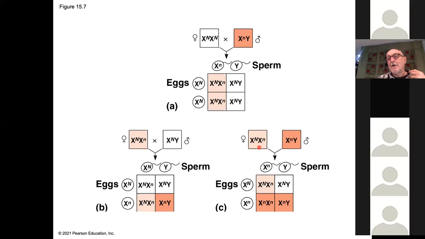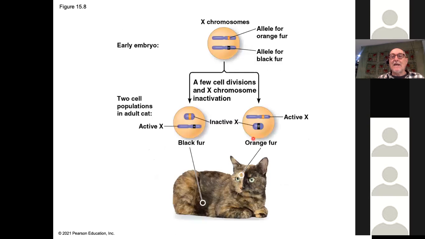Approximately half will not be producing the clotting factor because they've activated that X chromosome. The other half have activated that X chromosome. So this is a very interesting situation, and we can see it very clearly. The easiest is in these lovely tortoiseshell cats. And just think of it the way I described it to you.